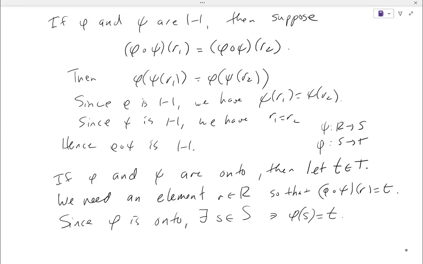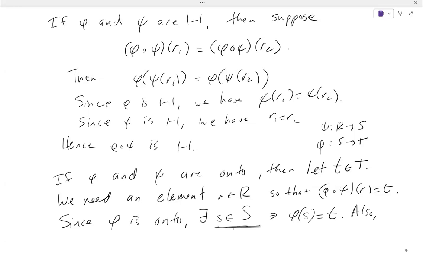All right. Now we've got an element in S. So what function do we think we should work with now?